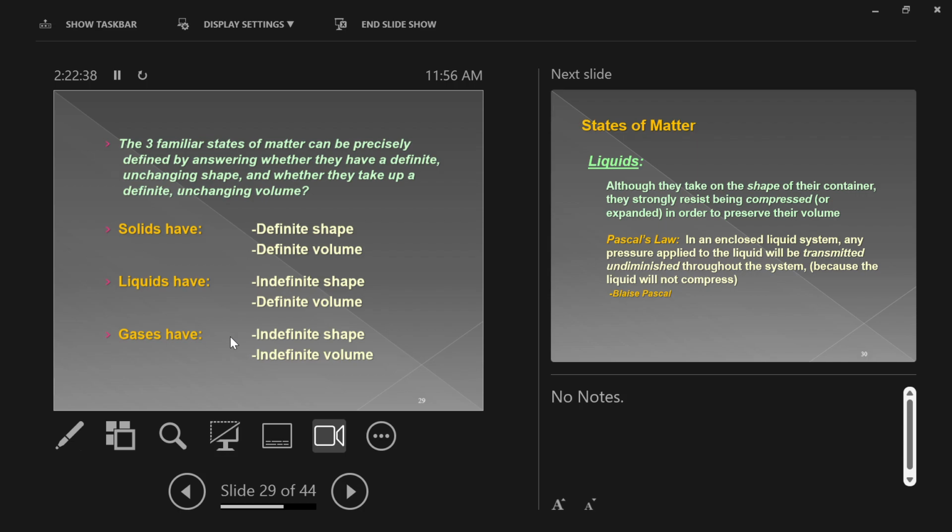It's also going to fill that room, okay? No matter what the shape is and no matter what the volume is, gases tend to spread out, okay? I can release that tank in a room this big, or I can release that tank in a room the size of our break room, and either way it's going to fill the room, okay? No matter the shape, no matter the volume, gases are indefinite in shape and indefinite in volume.